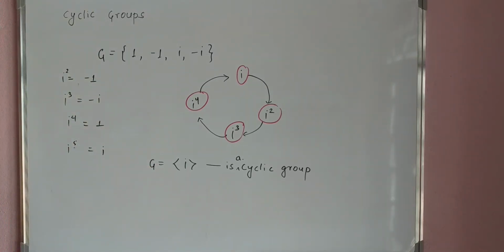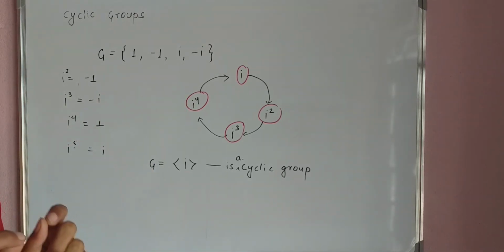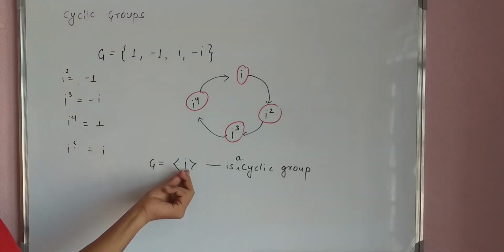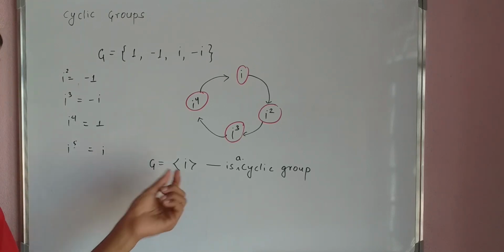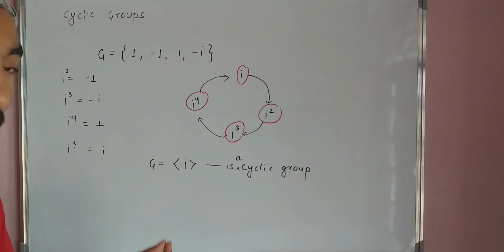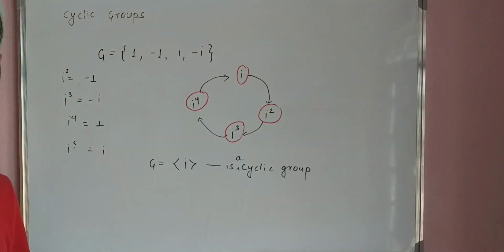And we have seen that the entire group G is generated by an element of G, that is i. i generates the entire group G. Such a group, which has a generator, and whose elements are related in a cycle, is called a cyclic group.